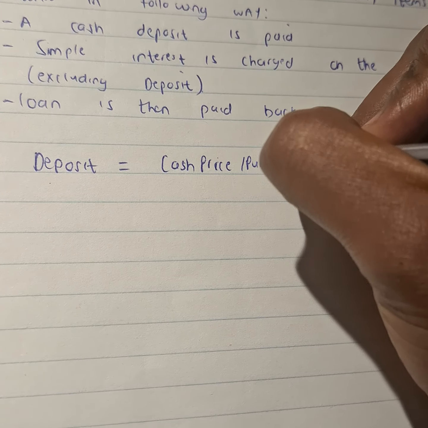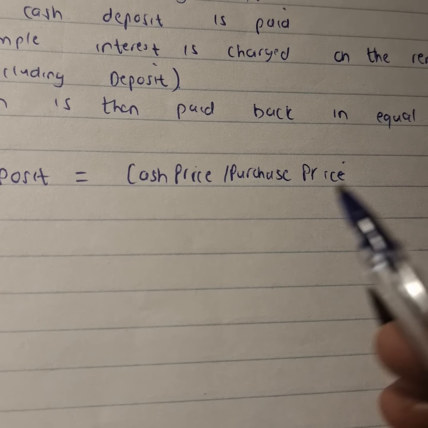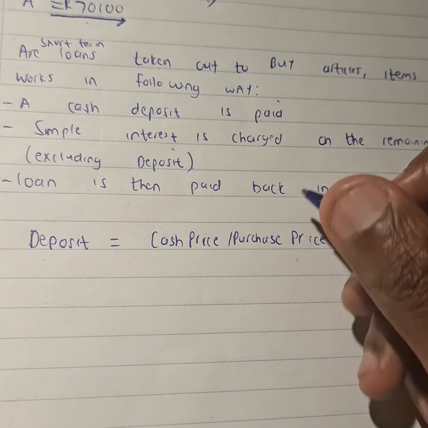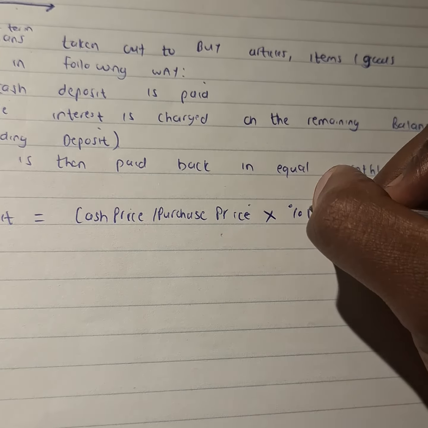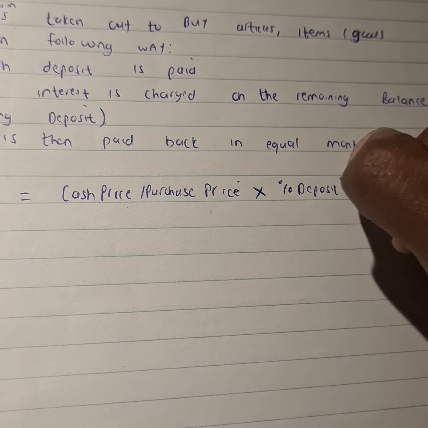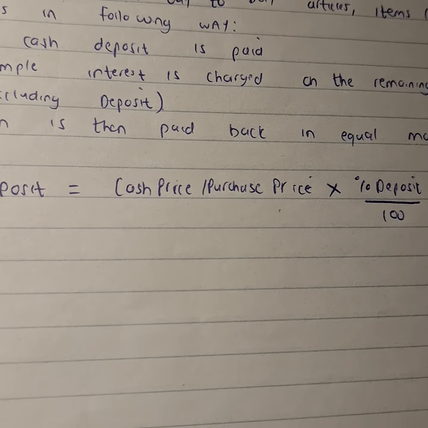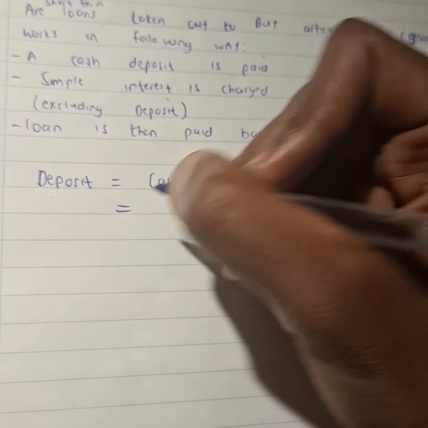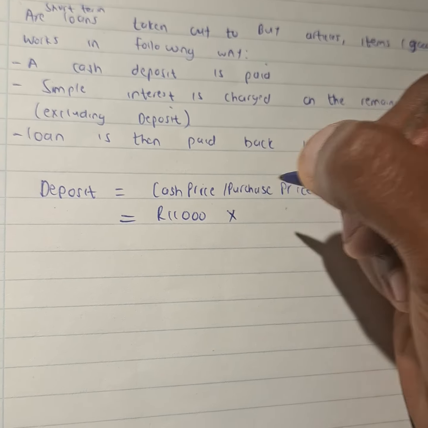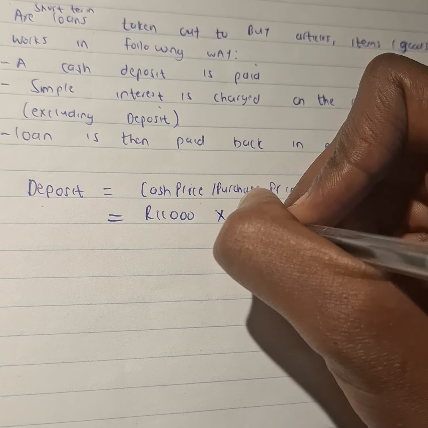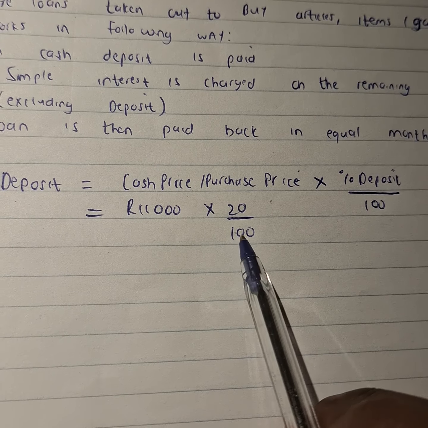I will use both words and regard them as synonymous. We then multiply that by the percentage of the deposit over 100. That's how we calculate the actual amount of the deposit. We know that the laptop is 11,000. We are going to multiply that by 20 over 100.